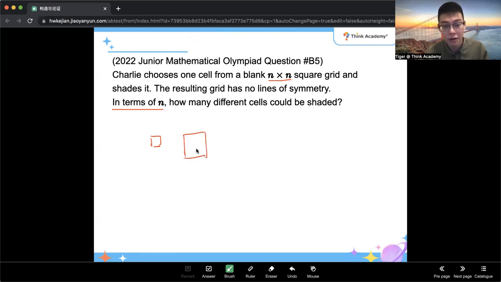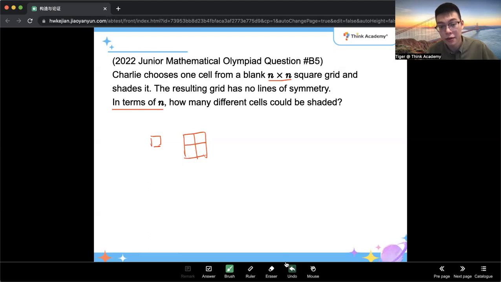If I have a 2 by 2 square, is it possible that I can shade any box in this one such that it has no lines of symmetry? No, it's still impossible. If I shade this one, then there can be a line of symmetry like that.